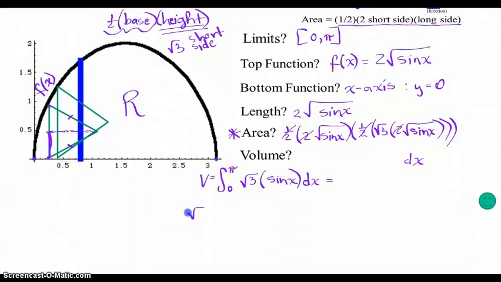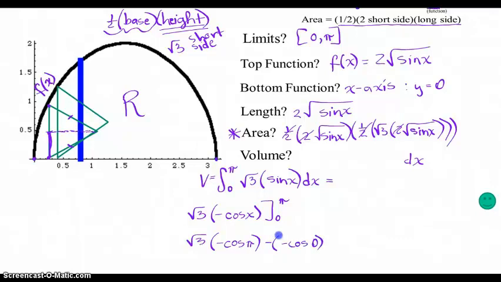So I'm going to pop my coefficient out front. What did I take the derivative of to get positive sine? That had to be negative cosine of x. And I'm going to evaluate that from 0 to pi. So this is the square root of 3 times negative cosine of pi minus negative cosine of 0.